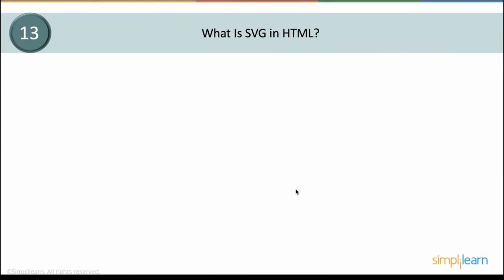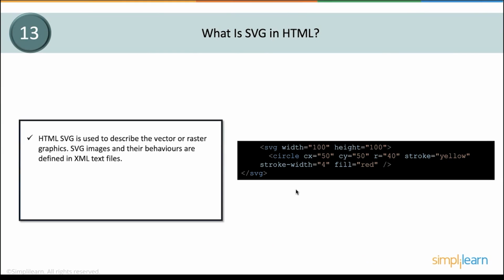What is SVG? SVG is basically a kind of graphic which is written in XML language. SVGs are high quality graphics which don't degrade when you zoom in and increase the size. Normally with GIF images and JPEG images, beyond a certain point their pixels get deteriorated.